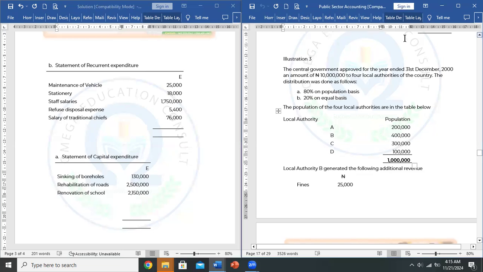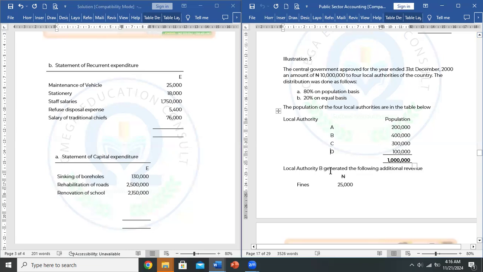They are going to share 80% of the money on population basis and 20% on equal basis. So they have given the population of the 4 local authorities as follows. A has 200 people, B 400, C 300, and then D 100.